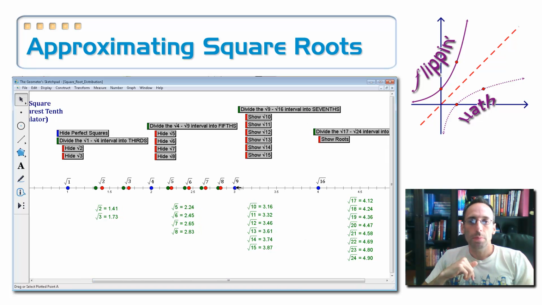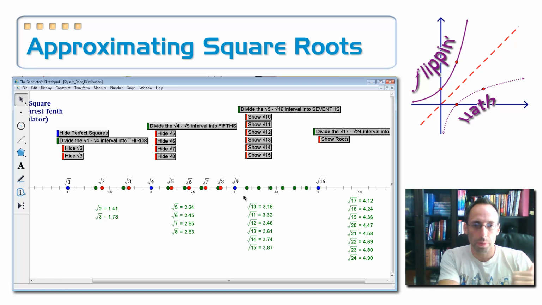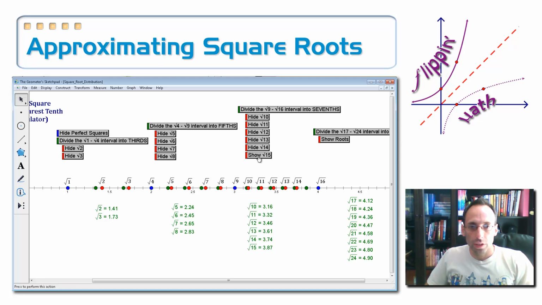Let's do the same thing between the square root of 9 and the square root of 16. Here we're missing the square roots of 10, 11, 12, 13, 14, 15. If I add the square root of 16, we're dividing that into 7 perfectly spaced green dots. Let's see where each of those square roots are: 10, 11, 12, 13, 14, and 15.